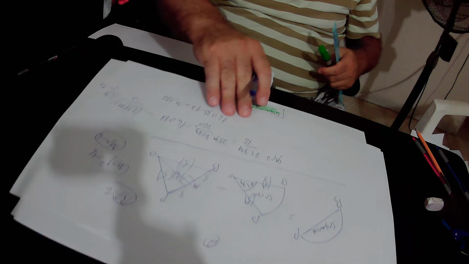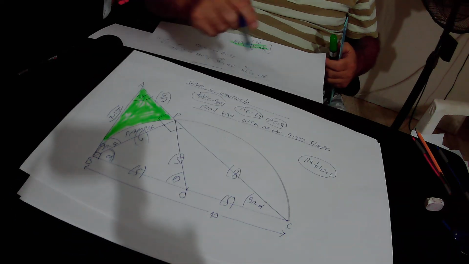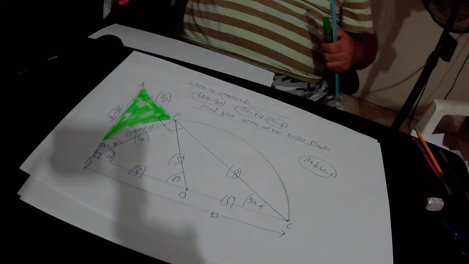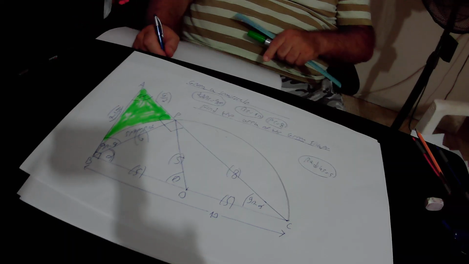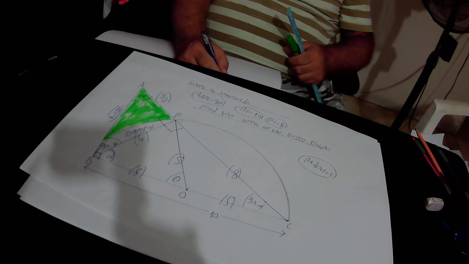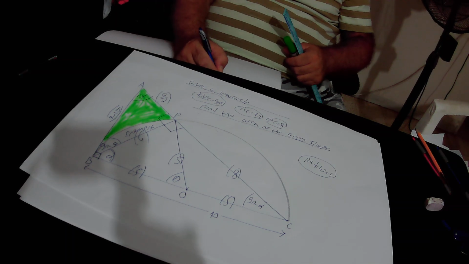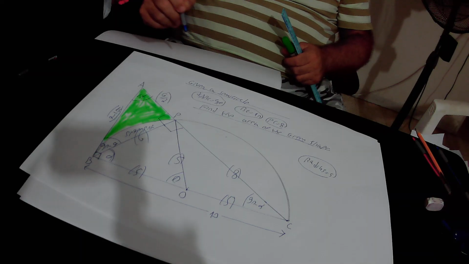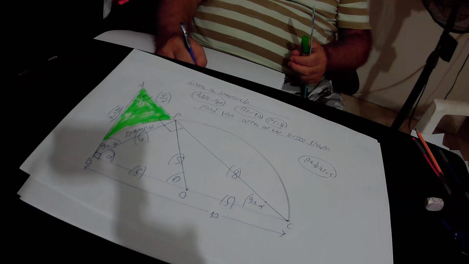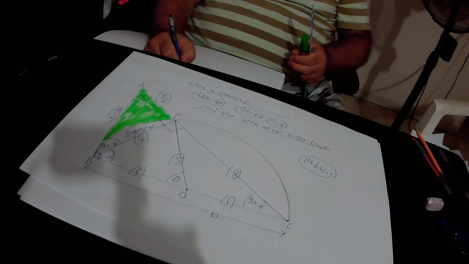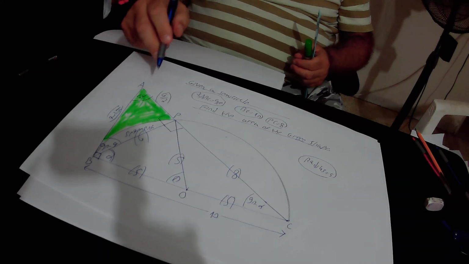Our task is to find the area of this green shape. So what is the area of the green shape? From the drawing, it is very easy to see that the area of the green shape is equal to the area of the right triangle APB minus the area of this segment PB.